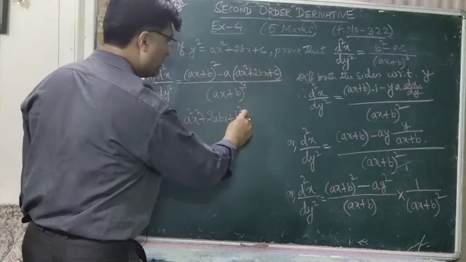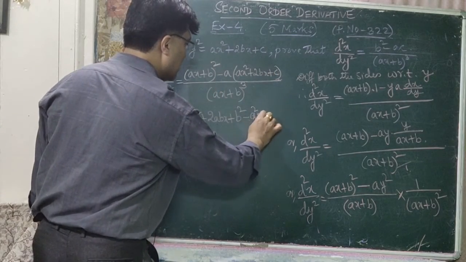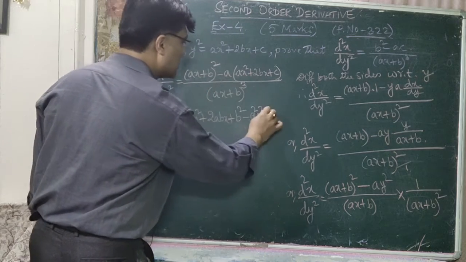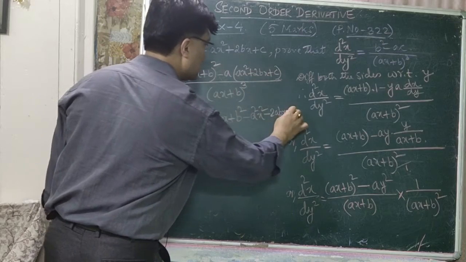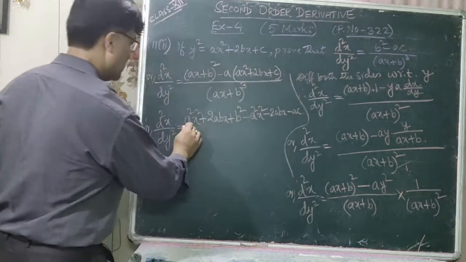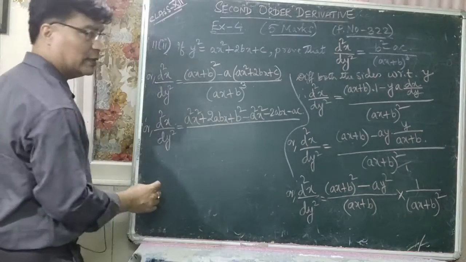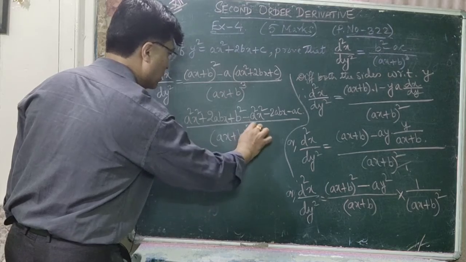Now you multiply by a, minus a into x square: minus a square x square, minus 2abx, minus ac, right? So whole divided by, in the denominator you have to write (ax plus b) whole cube.